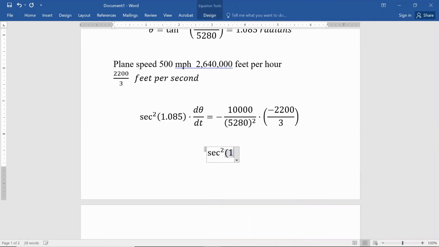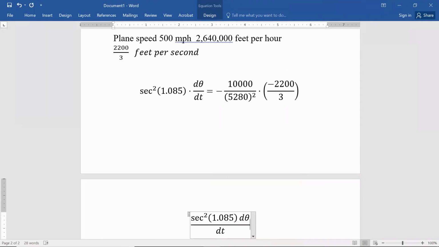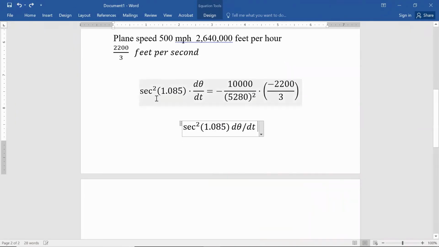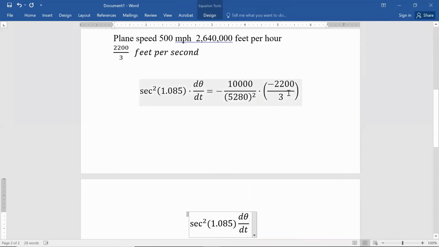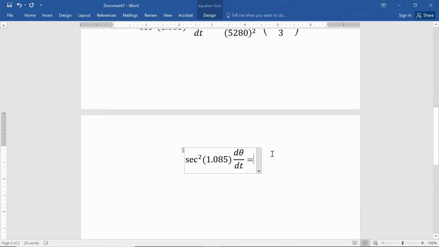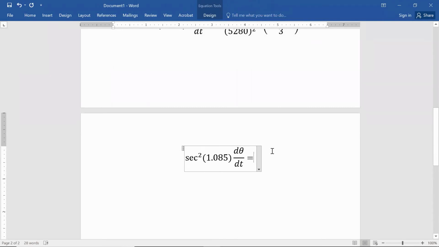We end up with secant squared of 1.085 multiplied times d theta divided by dt is equal to a single number, and the number I got was like 0.26, et cetera, et cetera.